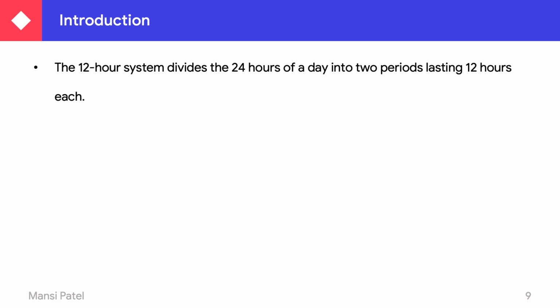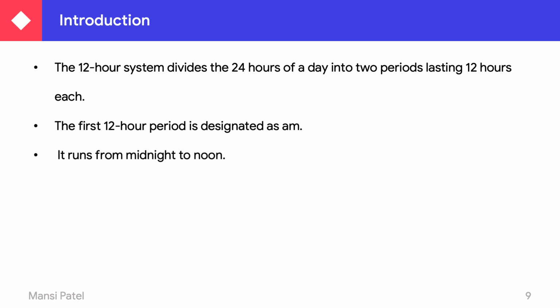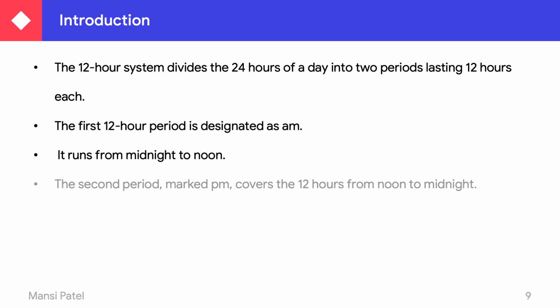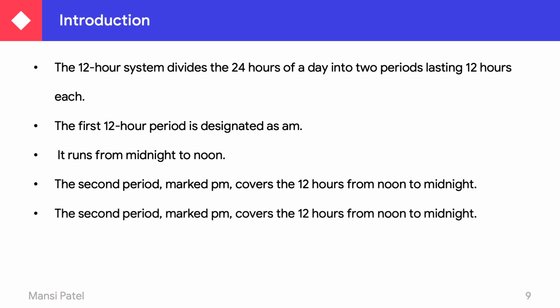The 12-hour system divides the 24 hours of a day into two periods lasting 12 hours each. The first 12-hour period is designated as AM, and it runs from midnight to noon, and the second period is marked by PM, and it covers 12 hours from noon to midnight.